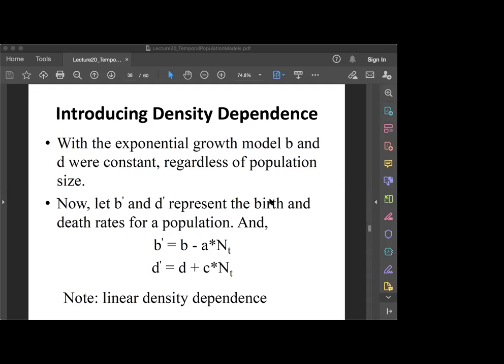So when we talk about the exponential growth model, let's see, I have to switch to my whiteboard here. When we talk about the exponential growth rate, we assumed, this assumption is implicit in the model, and it may not be obvious.